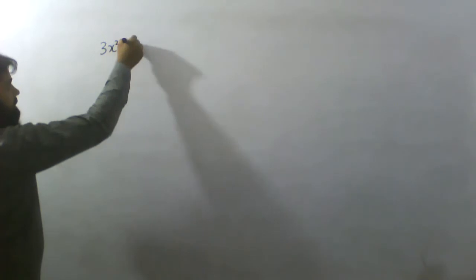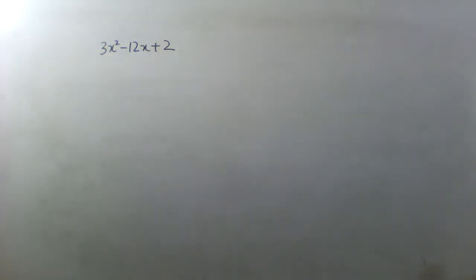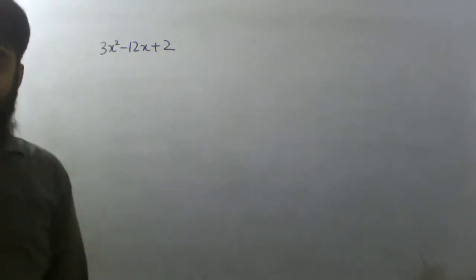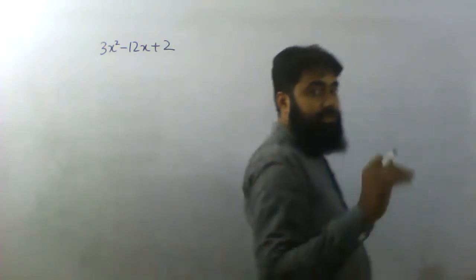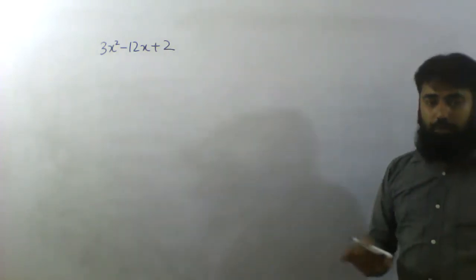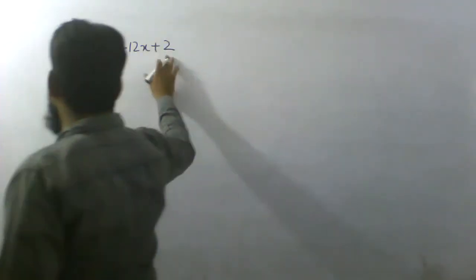Now, for instance, I am having another one, 3x square minus 12x plus 2. Over here, as you can see, right now nothing is common by itself. It is 3, 12 and 2.